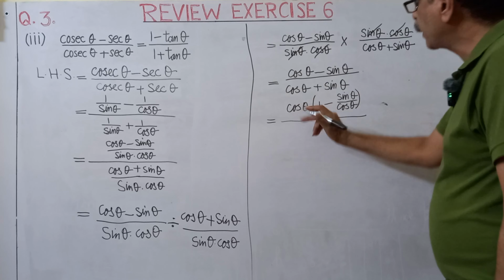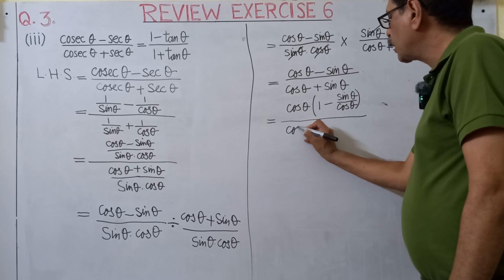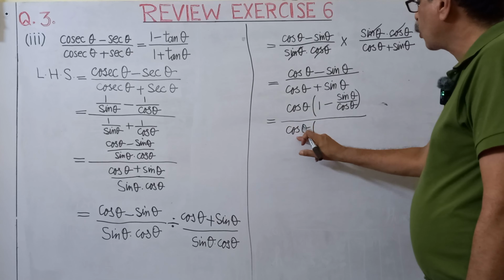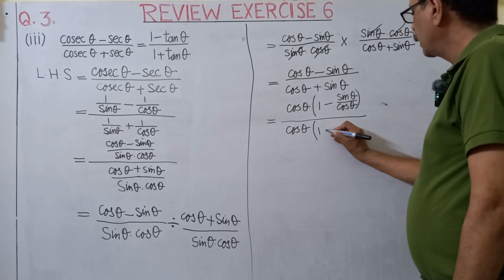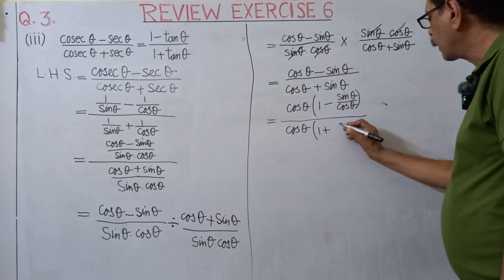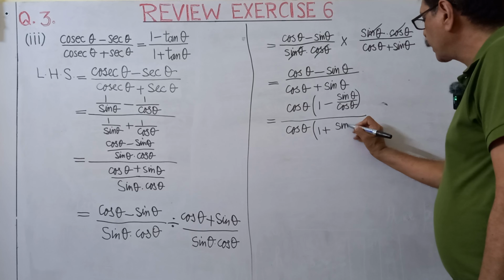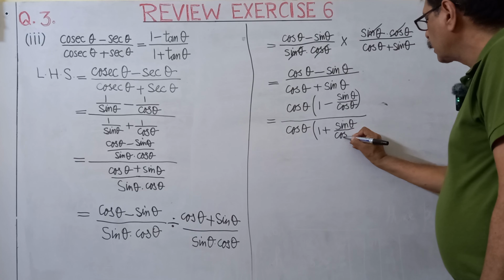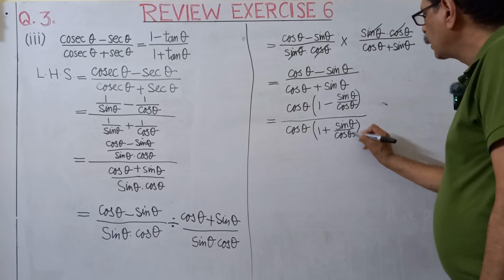In the denominator, taking cosine theta common, within the bracket here comes 1 plus sin theta over cosine theta.